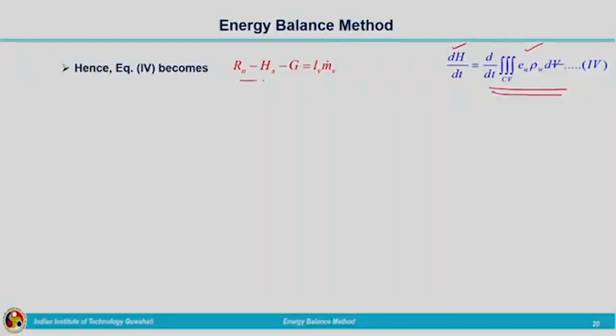So, we have corresponding expressions for left hand side and right hand side. So, left hand side we are substituting as Rn minus Hs minus G, and right hand side, the internal energy is already related to latent heat of vaporization, that we are substituting as Lv multiplied by mv dot.